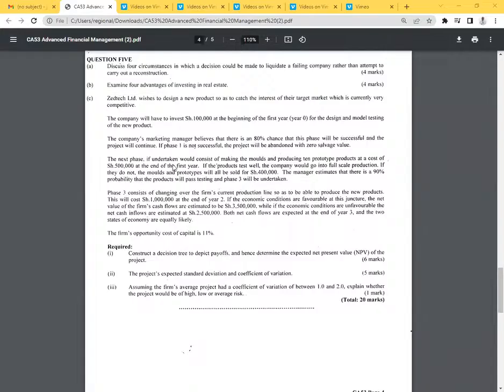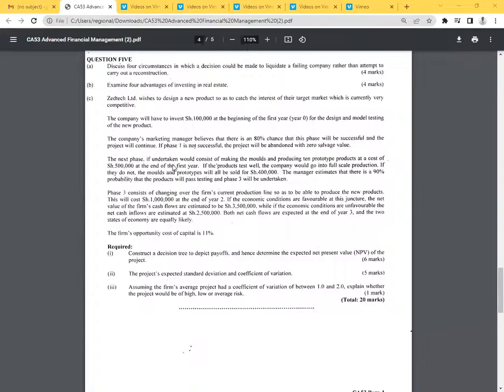The company will have to invest at the beginning of the first year, which is year 0, for the design and the model testing of the new product. The company's marketing manager believes that there is an 80% chance that this phase will be successful and the project will continue. If phase 1 is not successful, the project will be abandoned with 0 salvage value.